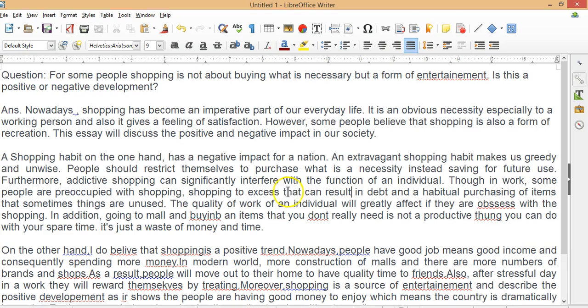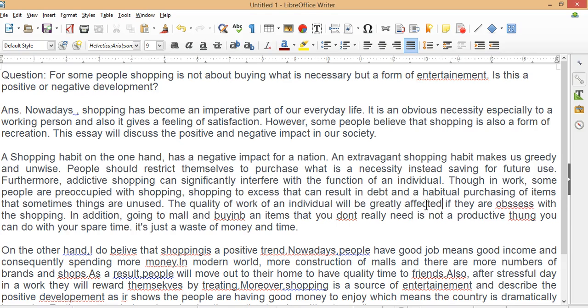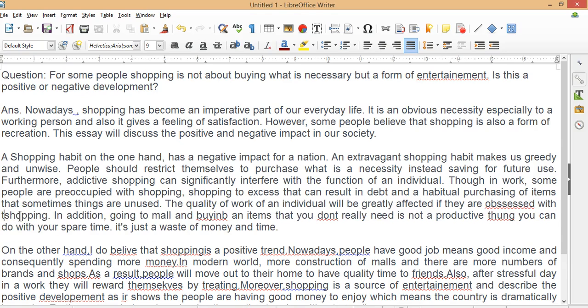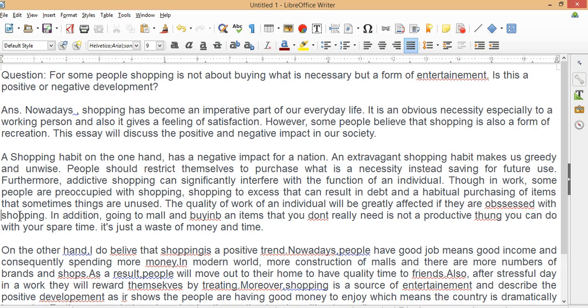Okay, the quality of work of an individual will greatly affect or will be greatly affected if they are obsessed with the shopping. Well, we don't need that article. So you've pretty much said the same thing, maybe 3 separate times.